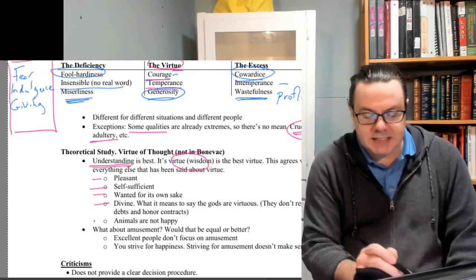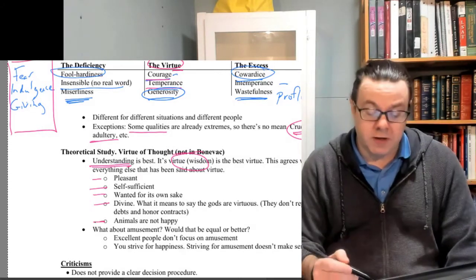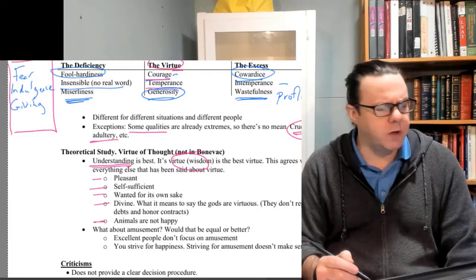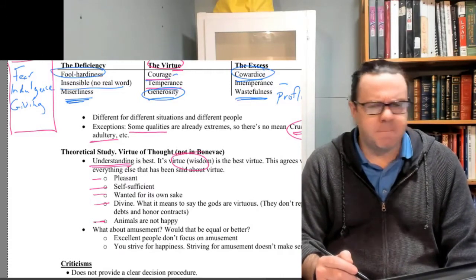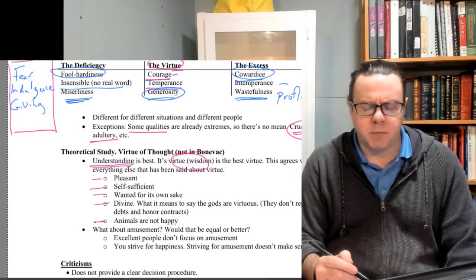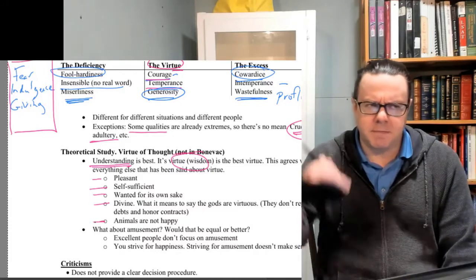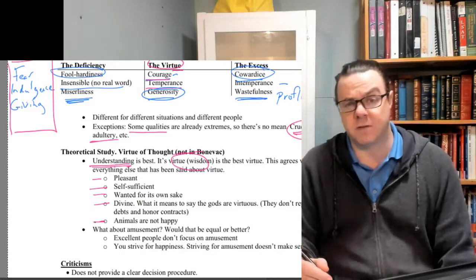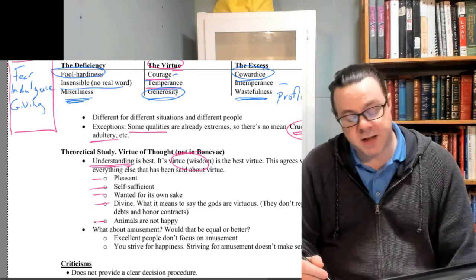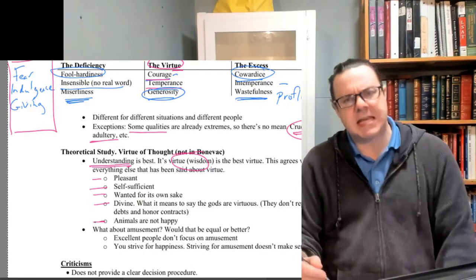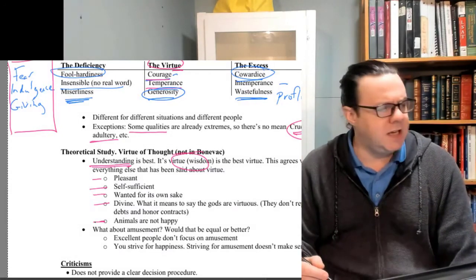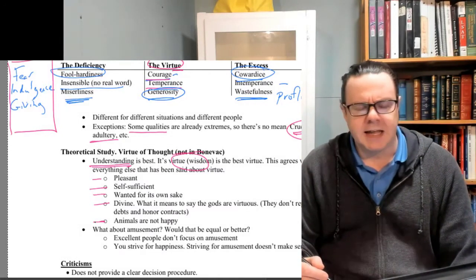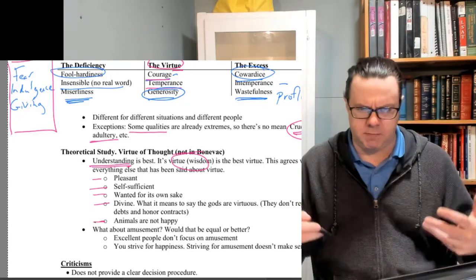And he connects this up with the point that we don't call animals happy, according to Aristotle. It's because they don't have the intellectual capacity for true happiness, what he considers true happiness. And it's kind of interesting to think about, is he aware? He surely must have noticed that animals can express emotions of sorts.